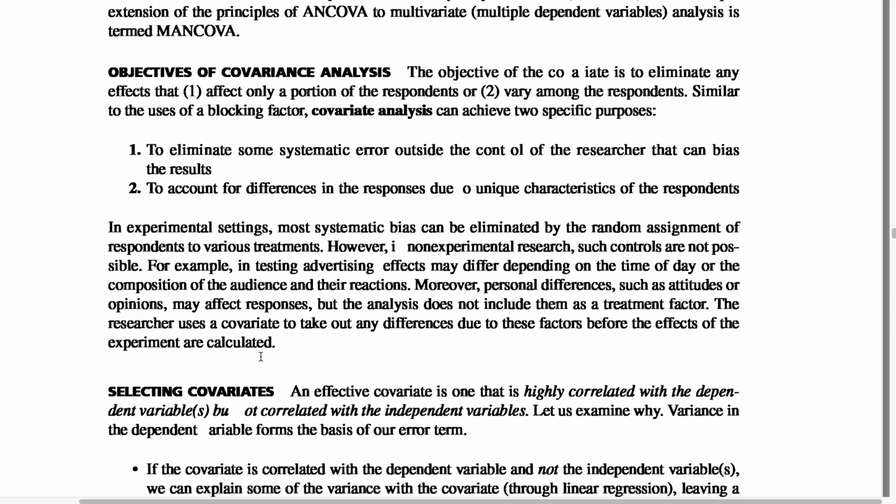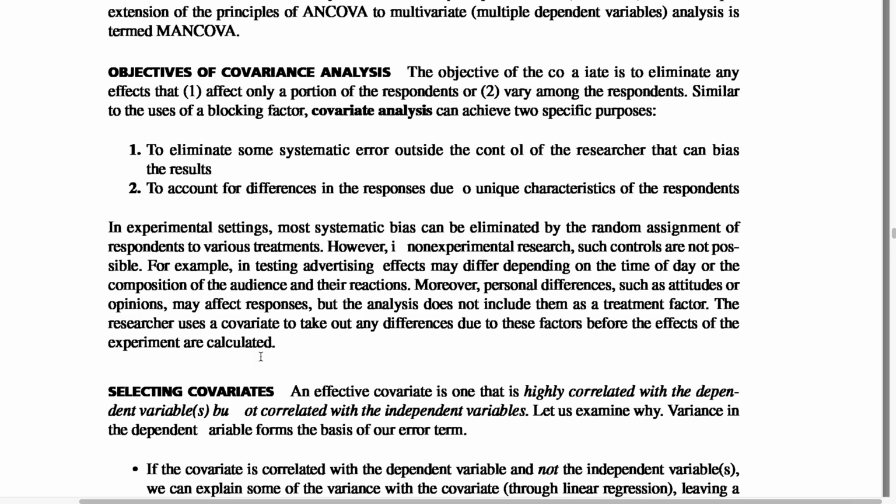In an experimental setting, most systematic bias can be eliminated by the random assignment of respondents to various treatments. However, in non-experimental research such controls are not possible. For example, in testing advertising, the effect may differ depending on the time of day or the composition of the audience and their reaction.